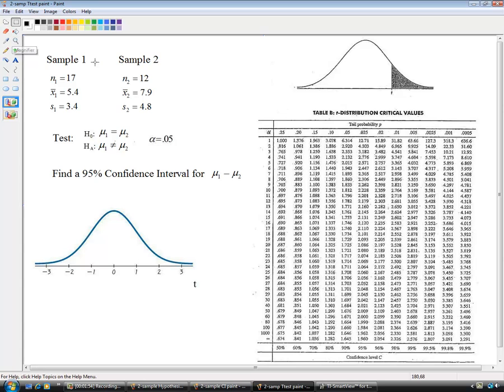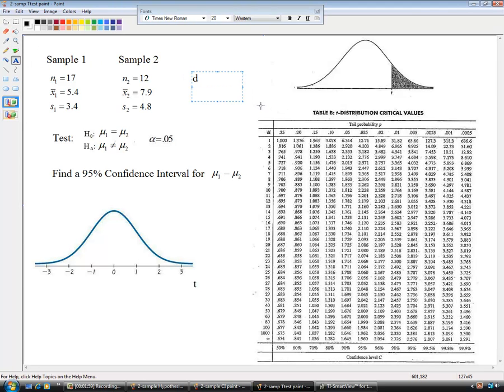And the degrees of freedom, let's put that in. So 27 degrees of freedom is what we're going to use. 17 and 12 is 29, minus 2 is 27.